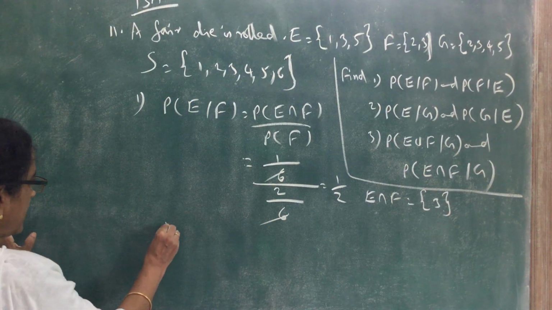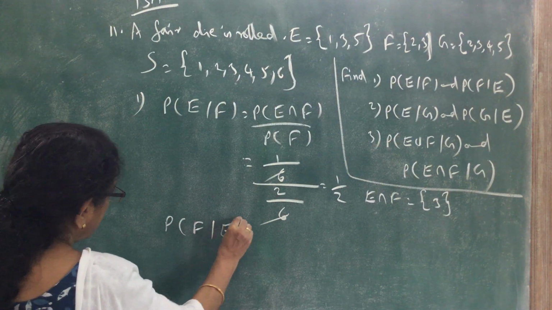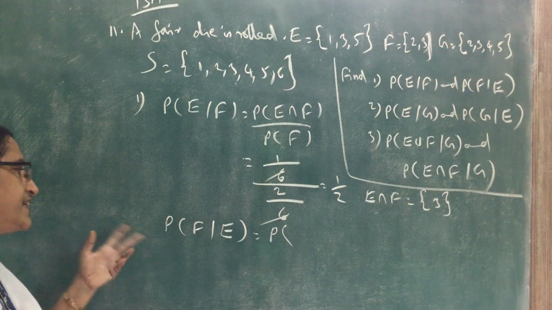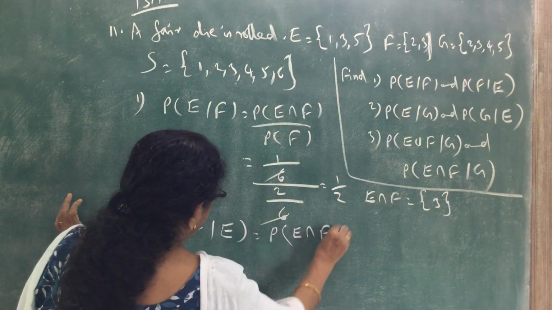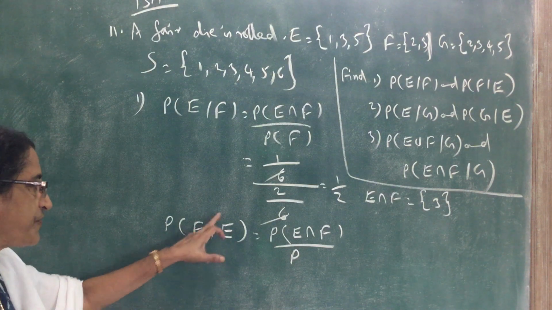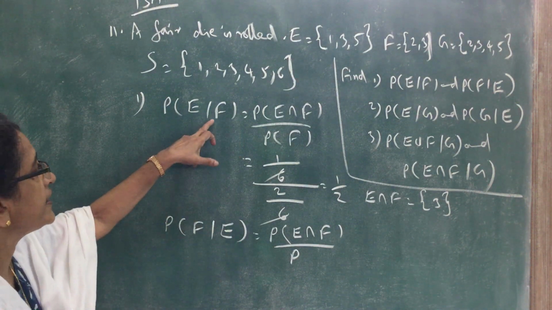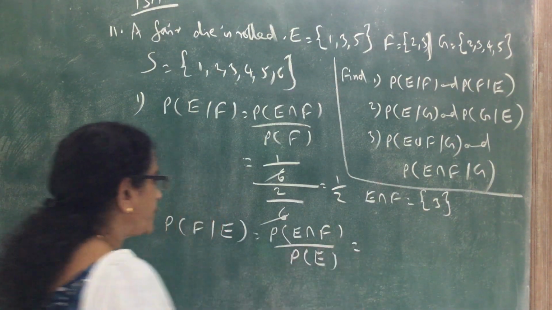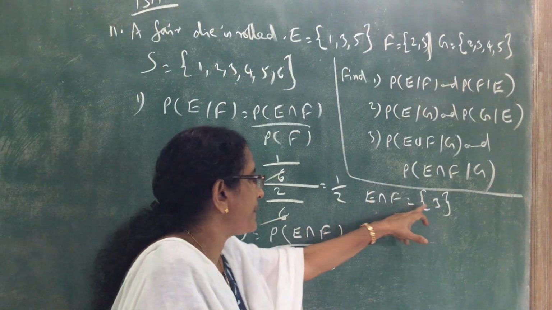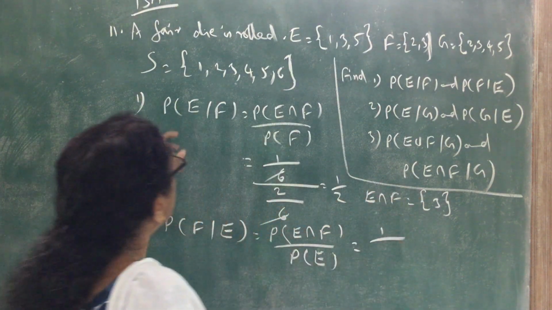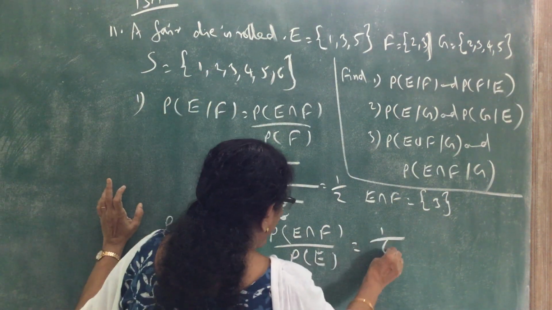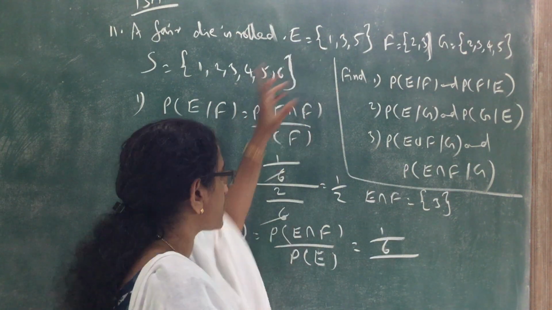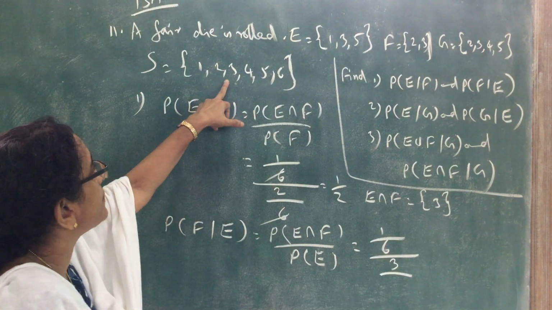Now what is probability of F given E? Probability of F given E equals probability of E intersection F, or F intersection E, both are the same, divided by the denominator probability of E. That is the only difference: in the first, the denominator is probability of F; here the denominator is probability of E. Probability of E intersection F is 1 by 6, divided by probability of E. The number of elements in E is 3, divided by total sample points 6.